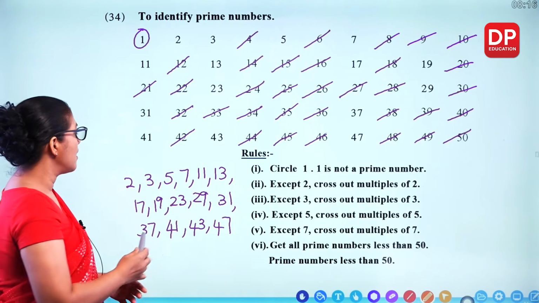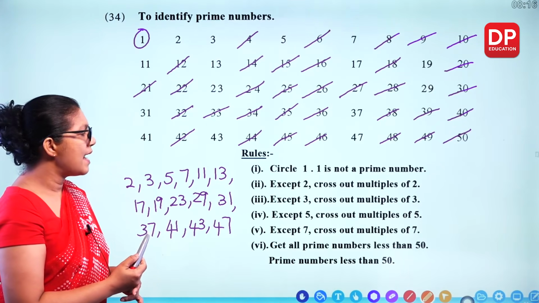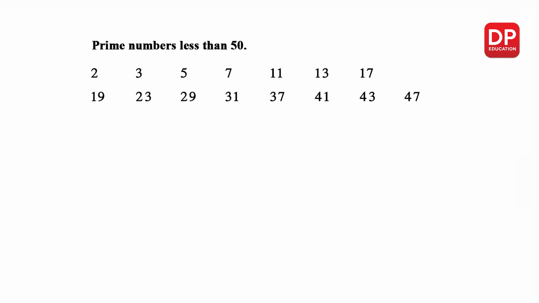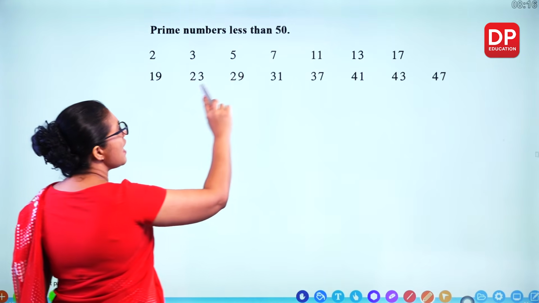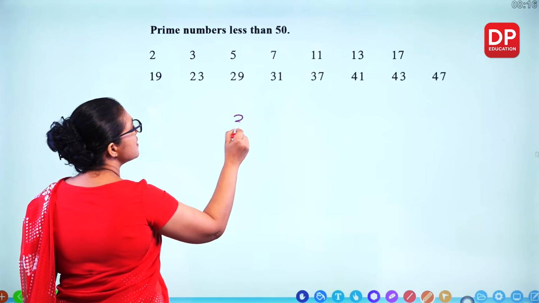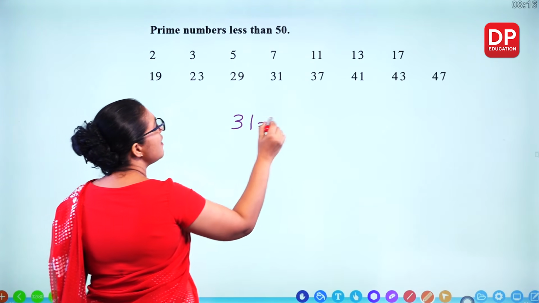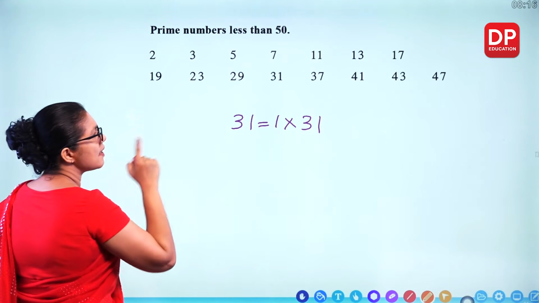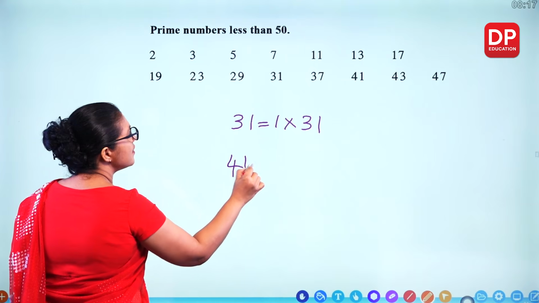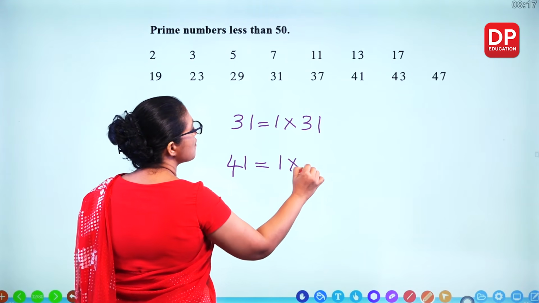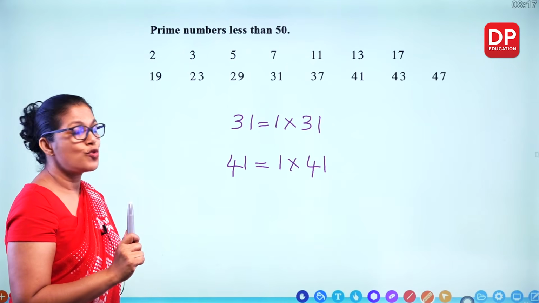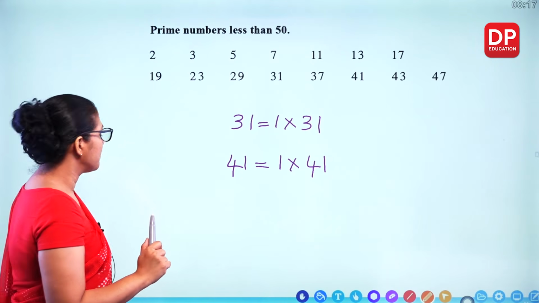So those are prime numbers less than 50. When you take any prime number, take 31, you can only write it with 2 factors, 1 and the number itself. If you take 41, that's also 1 times 41 only, no other factors. So that's how you find prime numbers.